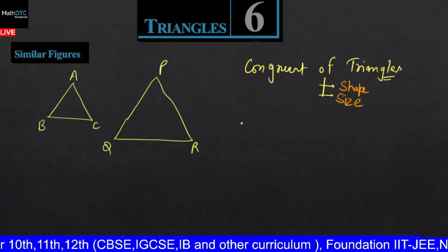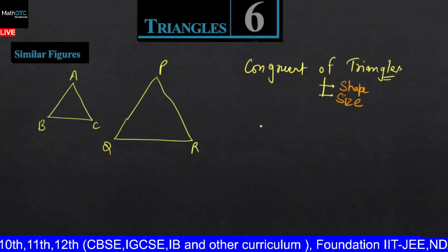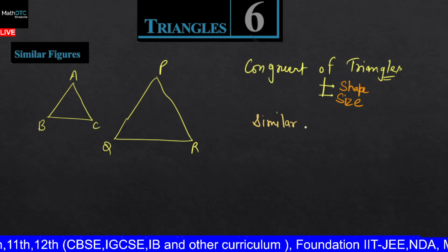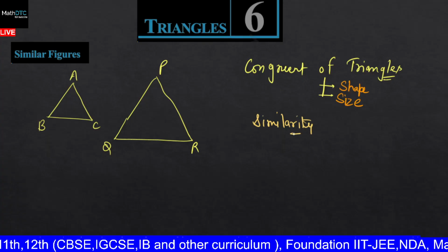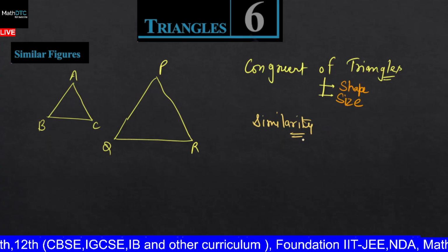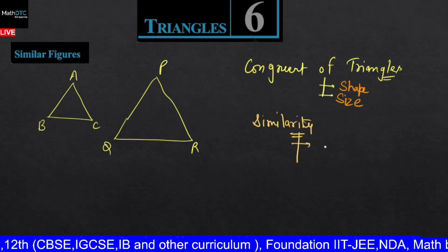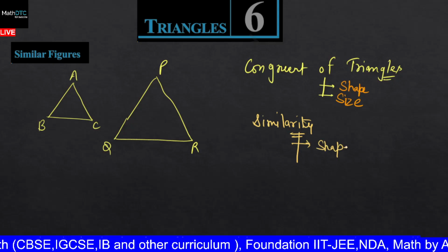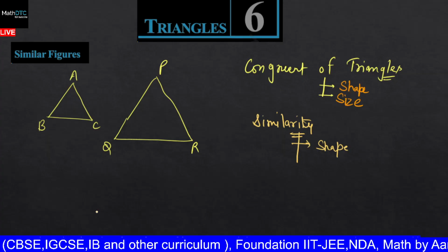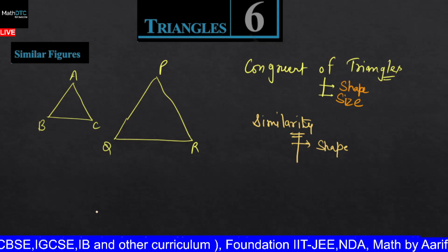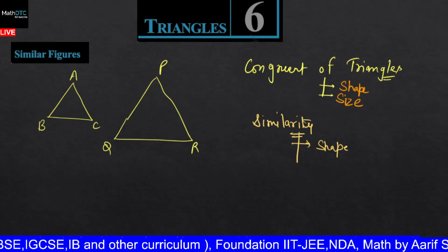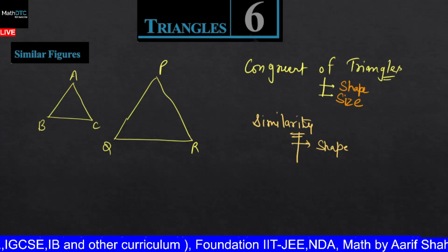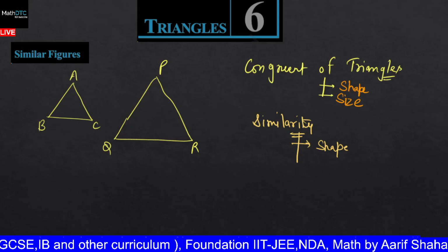But in the case of similarity, of triangles or any other figure, we are going to discuss only shape, not size. Do you understand? So in this chapter we are going to discuss triangles only, not other things.